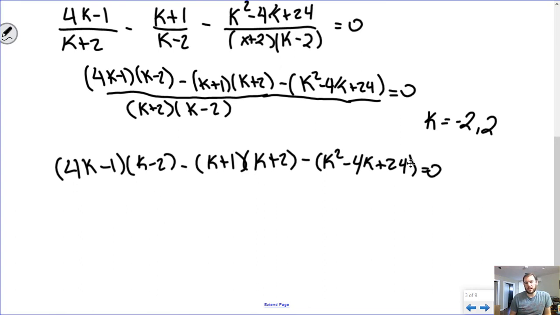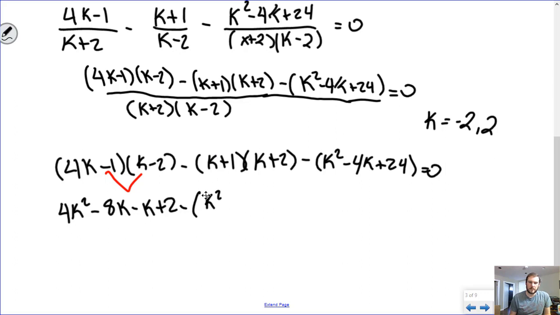Yep, so now we're going to expand all of our brackets and then combine like terms. So for each pair of brackets here, we're going to use FOIL, right? We're going to say 4k times k is 4k squared. 4k times negative 2 is negative 8k. Negative 1 times k is negative k. Negative 1 times negative 2 is positive 2. Right, there's this bracket right there. Minus, we're going to do the same thing for this bracket.